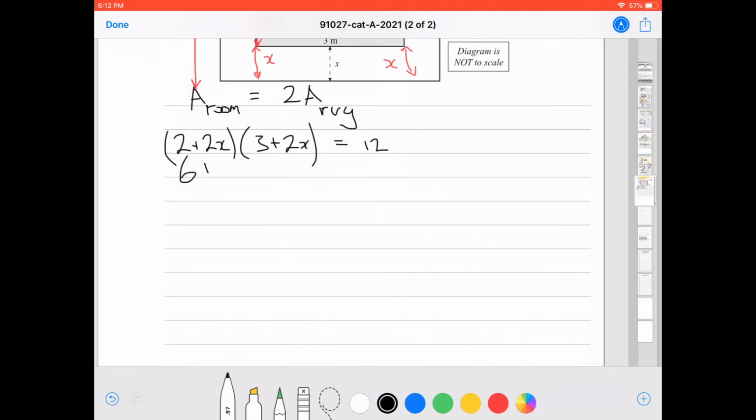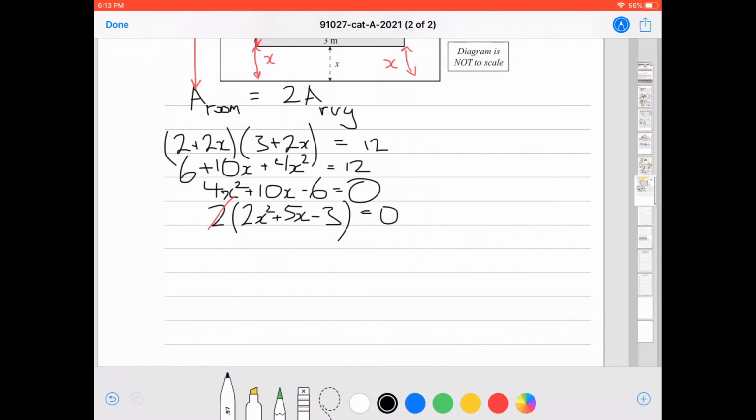And so let's multiply a by c. So 2 times minus 3 equals minus 6. And so we're looking for two numbers that multiply to minus 6 and add to the b term, which is 5.